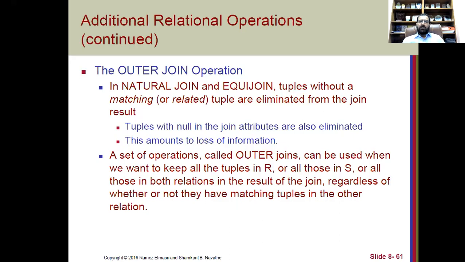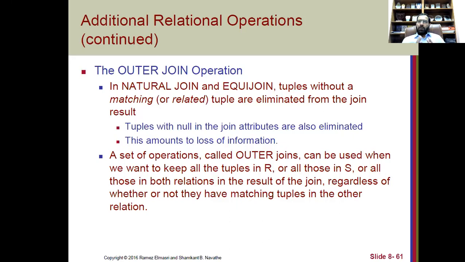So it can be used when we want to keep all the tuples in R, or all those in S, or all those in both relations, regardless of whether or not they have matched tuples in the other relation. So you are not only interested in the matched tuples, but also in the unmatched tuples.